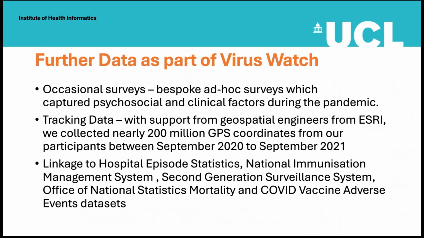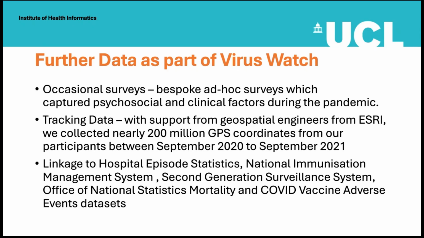A proportion of our cohort also installed an app on their phone, which allowed us to track their movement, and this was really helpful to understand the effect of lockdown on essential travel. Understanding movement was very important during the pandemic, where we were advised to stay indoors, even though many of us could not do so due to essential work or caring responsibilities.